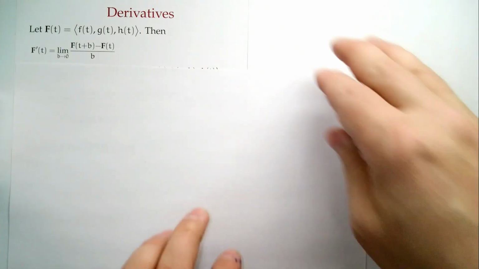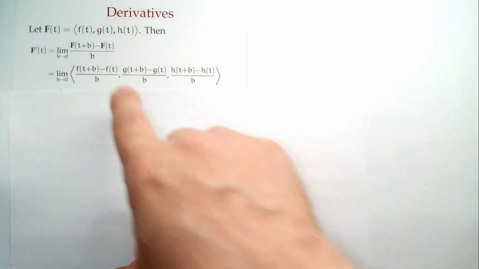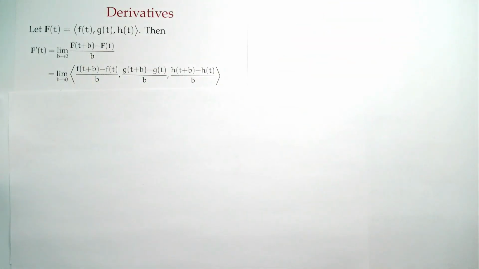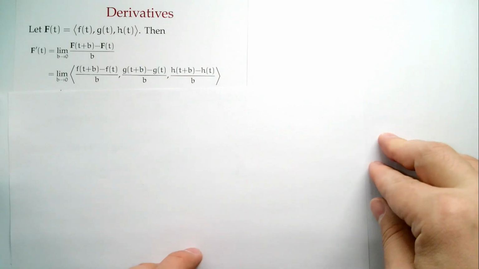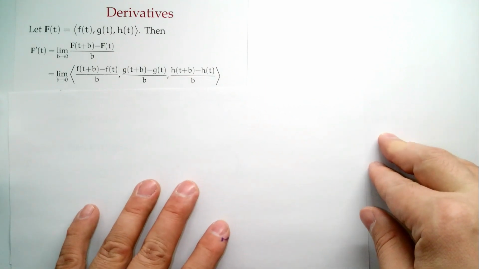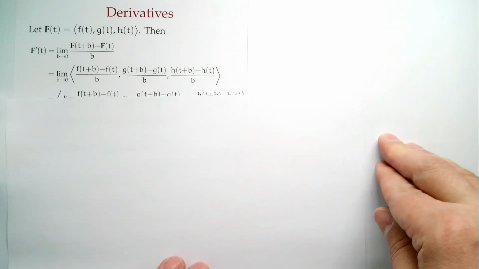So what do we do? Well, we rewrite the top. It's a vector valued function. So we use our addition fact, we use our scaling fact, and we say, okay, it's really the limit as your parameter b goes to 0 of this expression here. Well, now, what did we just learn? We can take the limit of each entry.